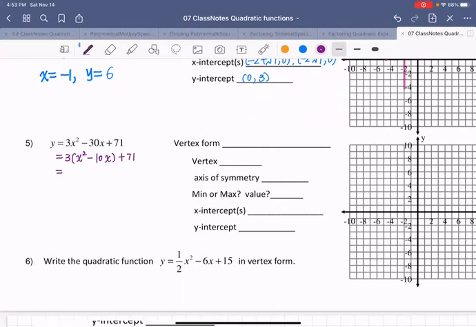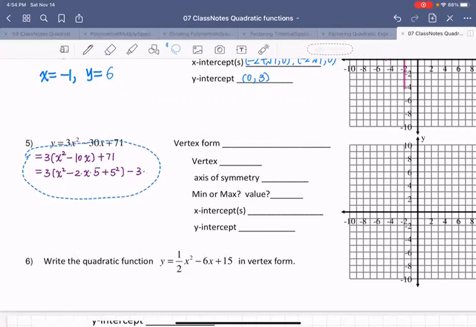Then 3 times x squared minus 2 times x times 5, and then plus 5 squared. And then minus 3 times 5 squared, and plus 71. Equals 3 times (x minus 5) squared.